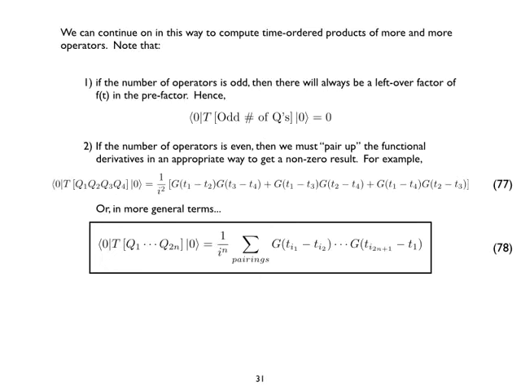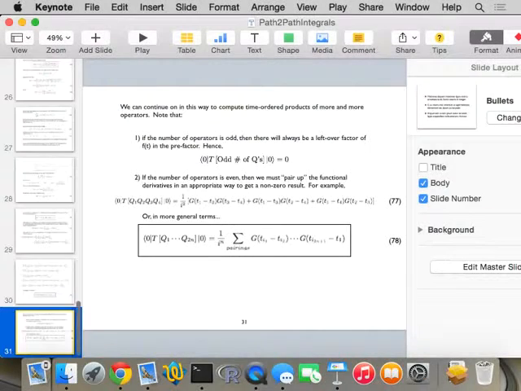In general, you could go up to however many even Q's you want, and what you find is that they basically pair off. Like I showed you the case of 4. It's just basically 3 terms where you sum over the pairings.